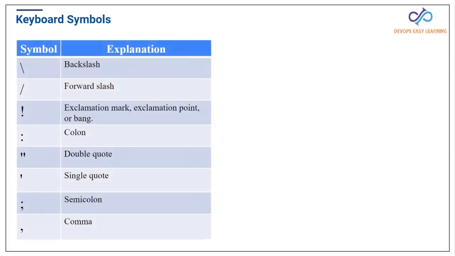Here, an exclamation point, right? And colon, double quote that I talked about, single quote that I talked about, the semicolon, the comma. Guys, pay close attention to all this stuff. Let's say you are working with somebody, and most of the time we work remotely, and when he's giving you some guideline, he won't be there to look at your keyboard and help you, right?